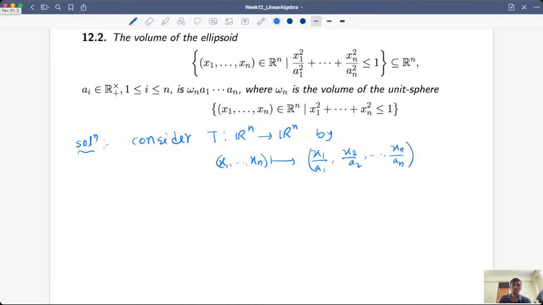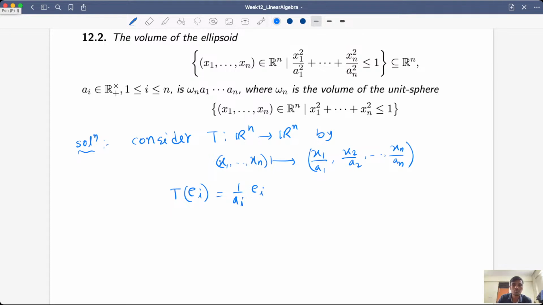Okay, so this is clearly a linear map, and if I calculate the determinant of this T, T sends e1 to 1 by a1 times e1, so with ei the standard basis of Rn, T of ei is 1 by ai times ei, right?